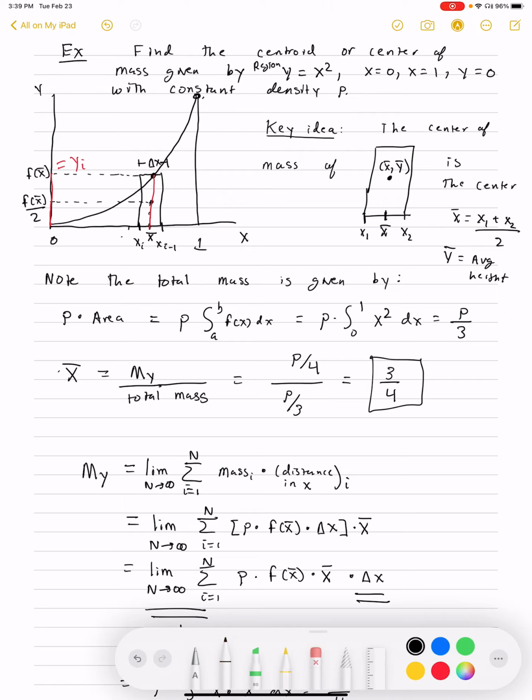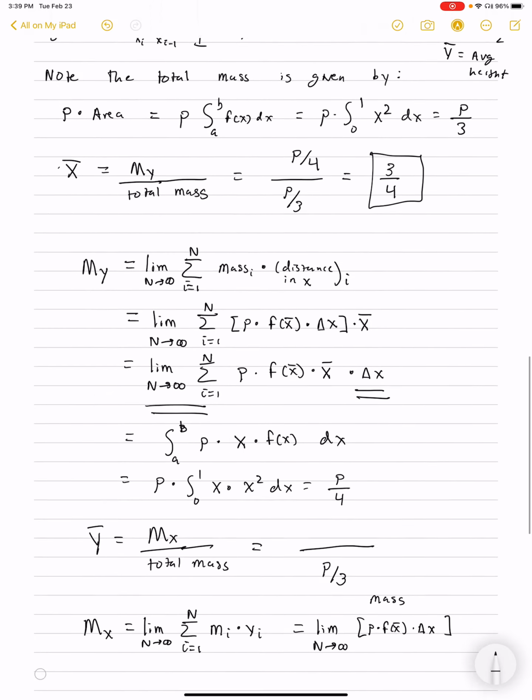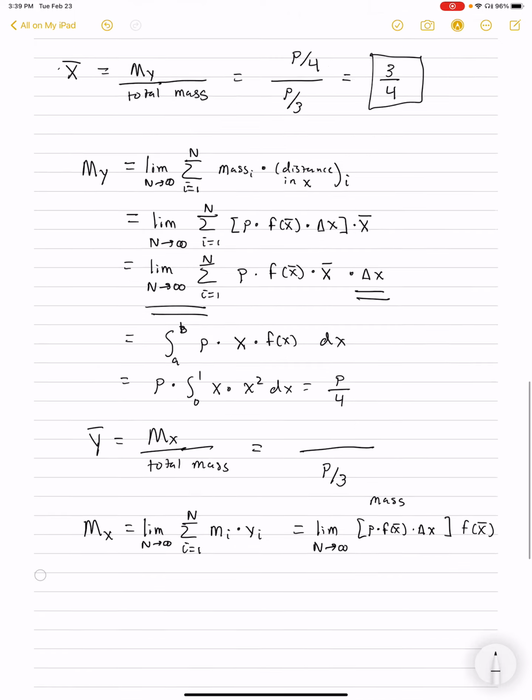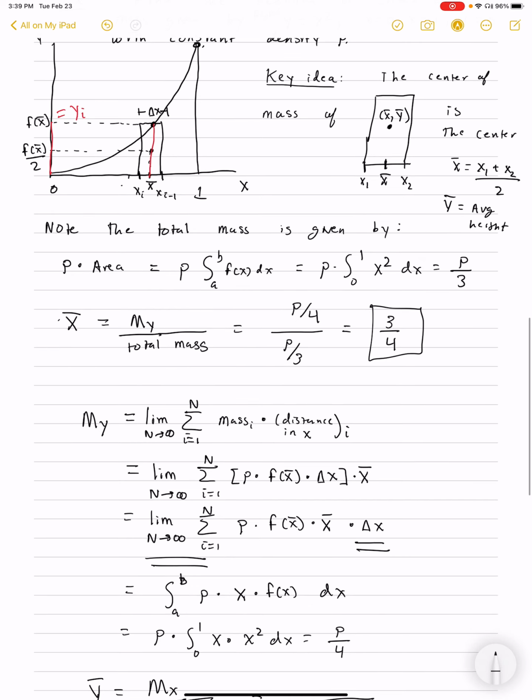So I'm going to replace this by f of x bar. Excuse me. That y sub i is not that y sub i there.